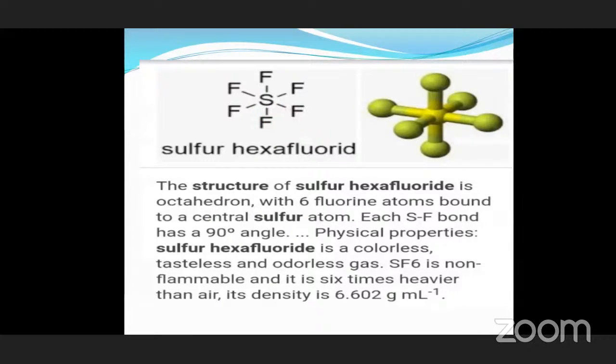Whereas in sulfur tetrafluoride it is sp3d, in hexafluoride it is sp3d2 hybridization, and the shape of this compound is octahedral. So this is about sulfur hexafluoride.